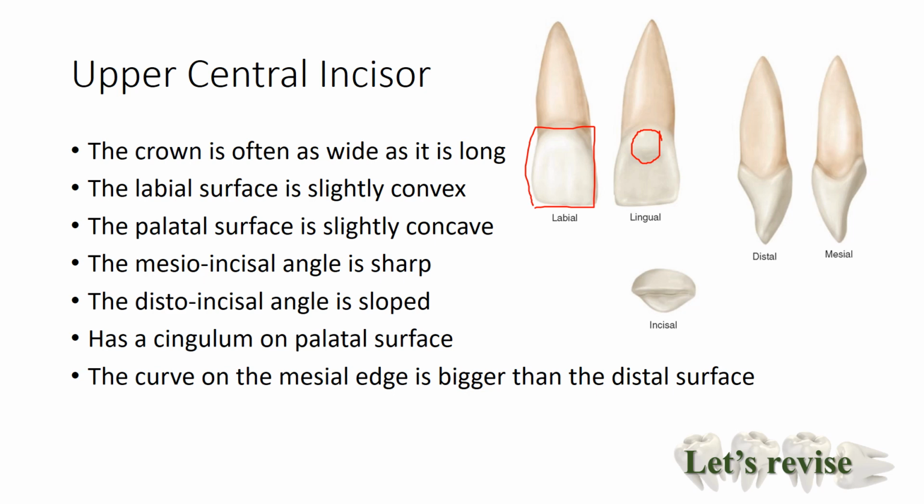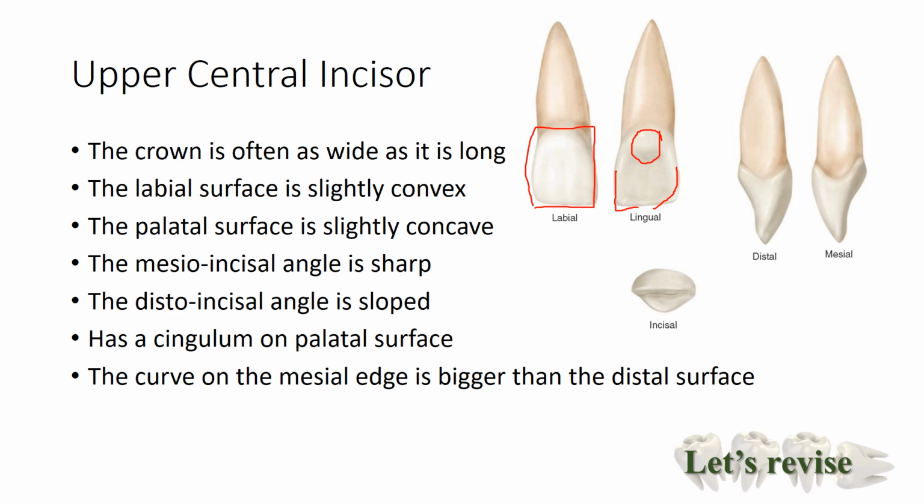The mesio-incisal angle is sharp. This is a sharp angle here, whereas this tends to be more fluid. So you can work out whether your tooth is left or right. You're looking for this sharp edge and making sure that your cingulum is on the palatal surface.